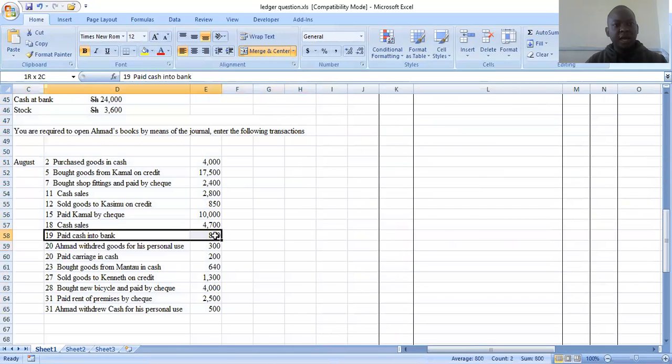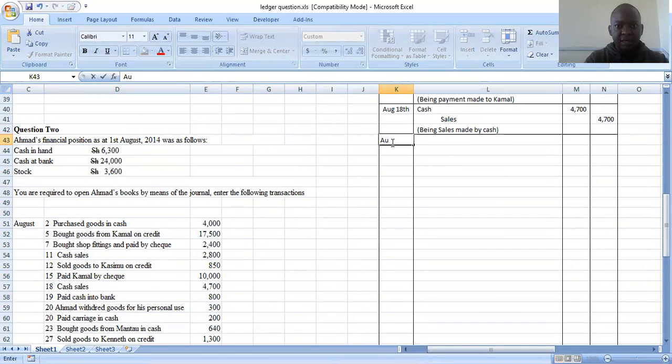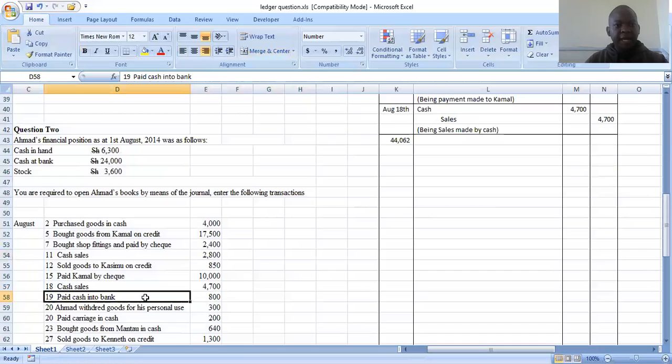Another transaction we have is paid cash into bank on the 19th. August 19, paid cash into bank. So he took money from the business and went and deposited it into his bank account. So the two accounts here, the first question, are the cash account and the bank account.